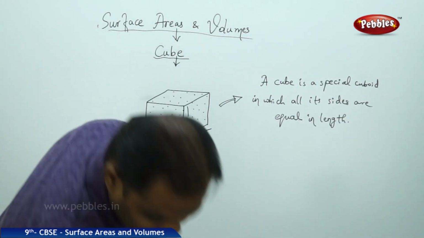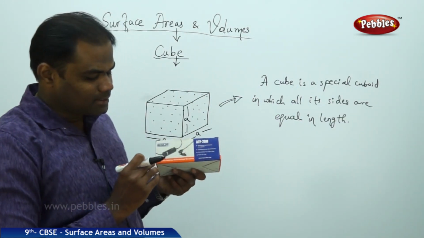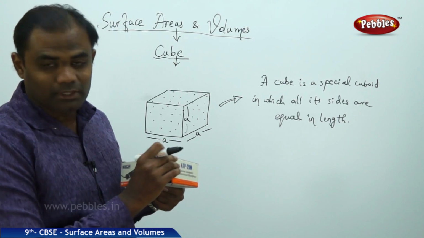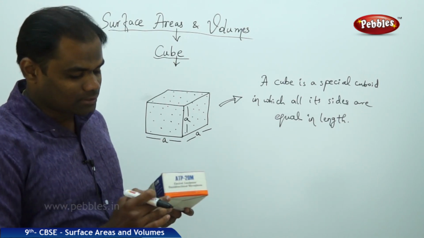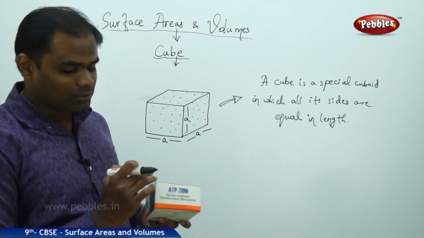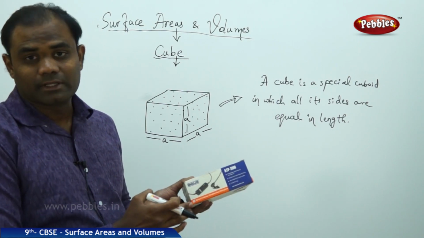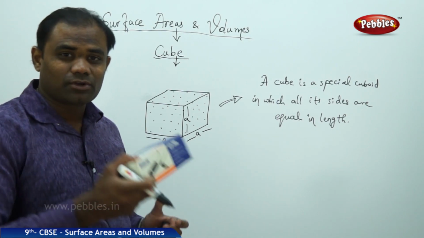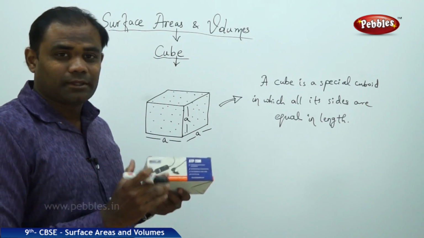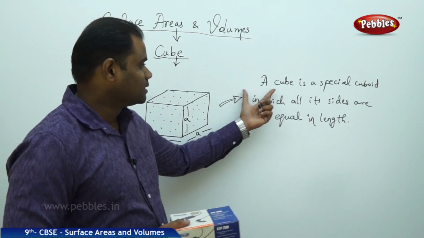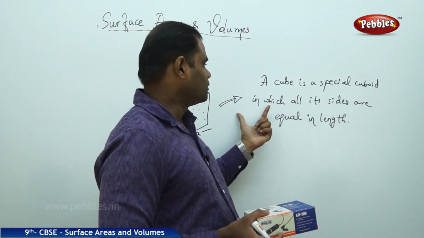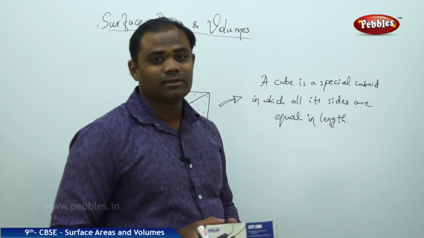If you take the example of this, the length of this is not equal to the length of this, or the length of this is not equal to the length of this. So this cannot be a cube, because a cube is a special cuboid in which all its sides are equal in length.